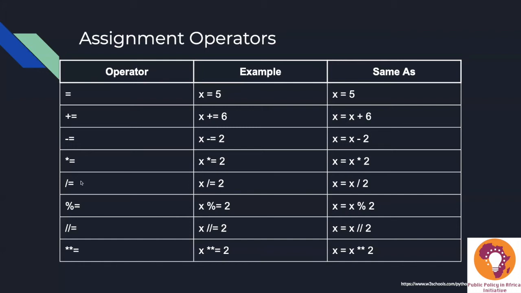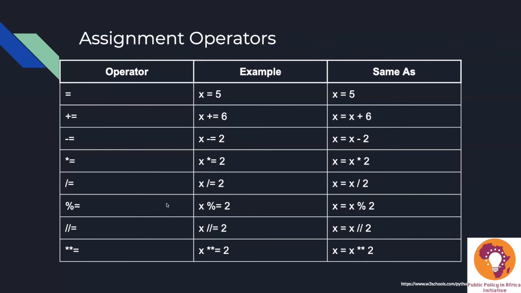Again, same thing with division. So x divide equals 2, same thing as x equals x divided by 2. Assuming x is initially 5, we do x divide equals 2. Now x is storing the value 2.5 because we divided it by 2 and then reassigned that back to x. So you end up with 2.5 stored in the variable x.